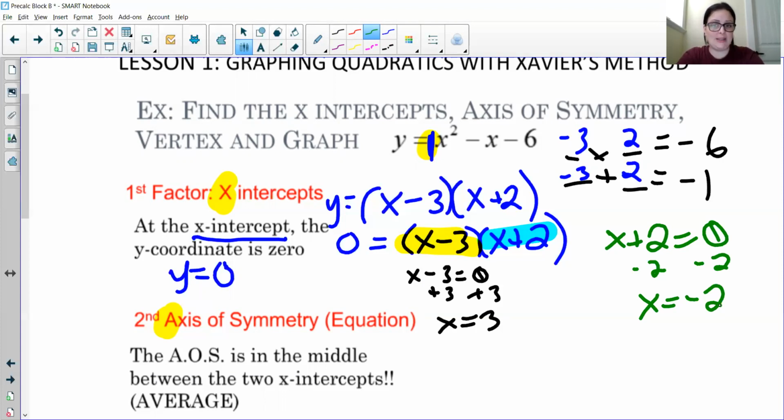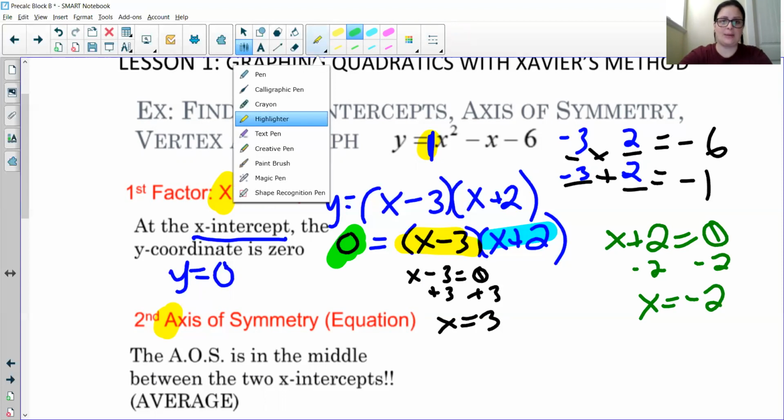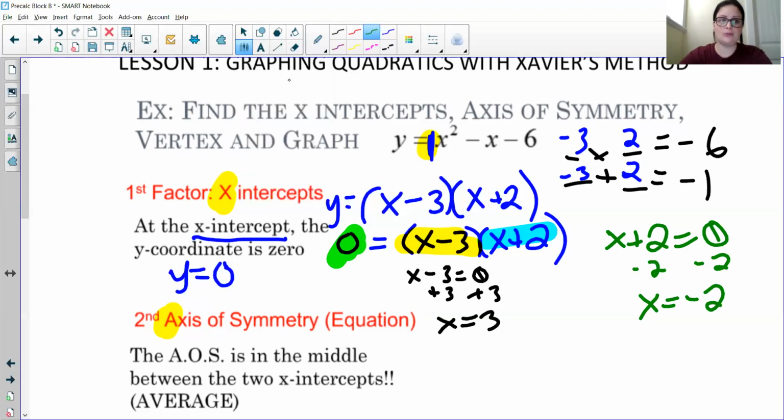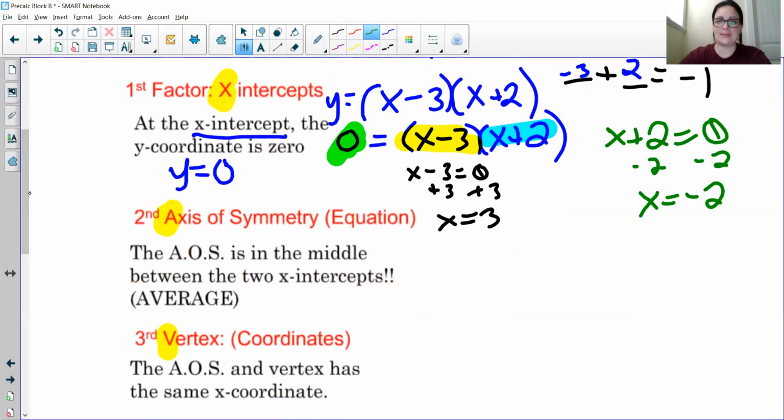So that blue bracket equals 0. -5 times 0 is still 0. So these are our two x values, which means this parabola has two x-intercepts. And here they are. We've solved them here and here.